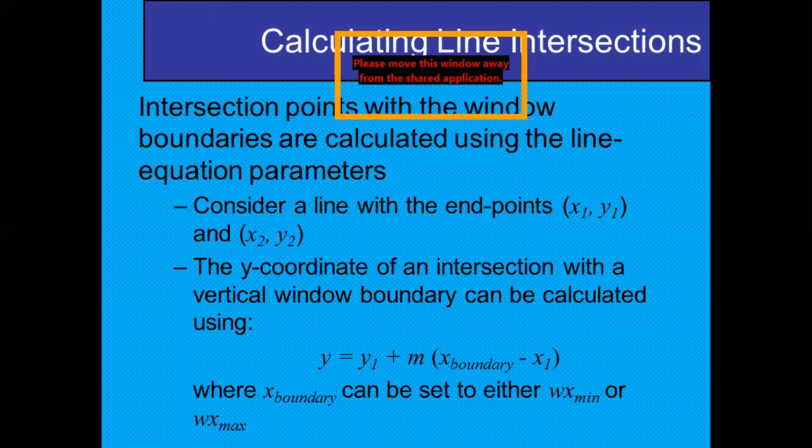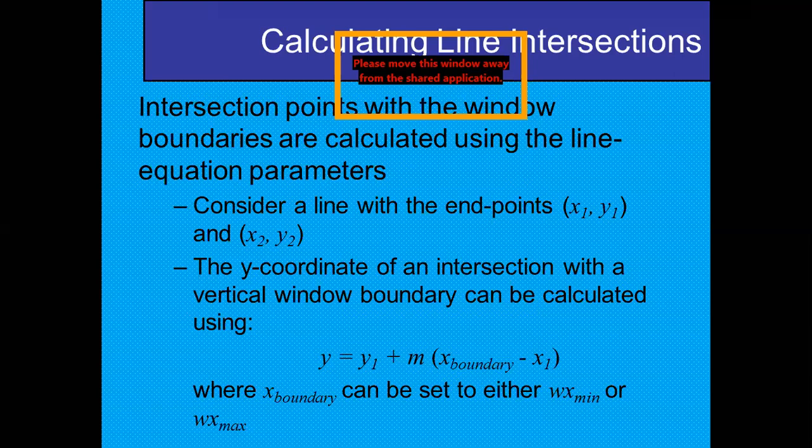We find the intersection point only for those cases in which we cannot take the proper decision using the 4-bit outputs and the ANDing operation. For that we use the endpoints x1, y1 and x2, y2.